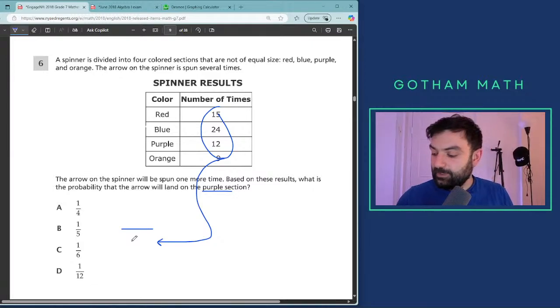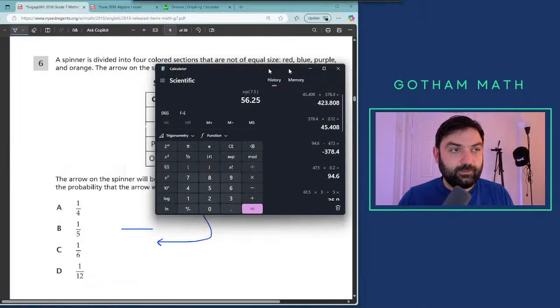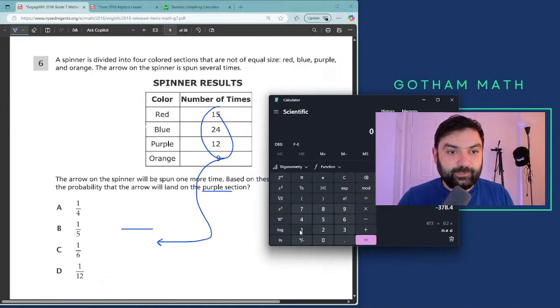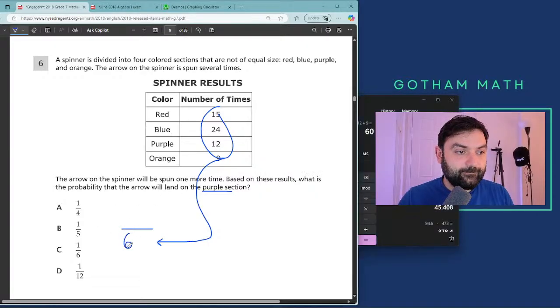So how many outcomes do we have? We have 15 plus 24 plus 12 plus 9, which is 60 outcomes. Okay? So 60 outcomes, and the purple will be 12.